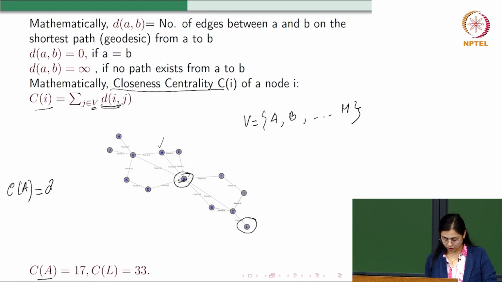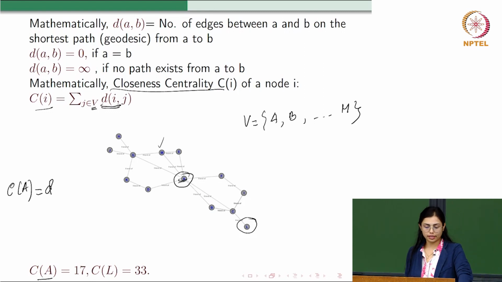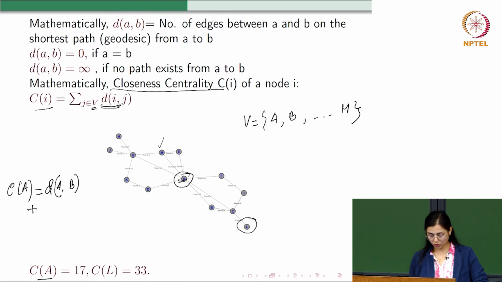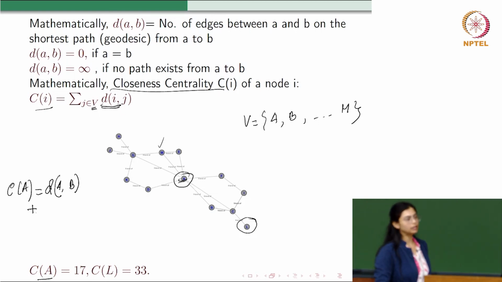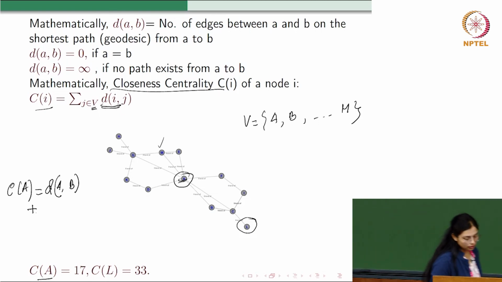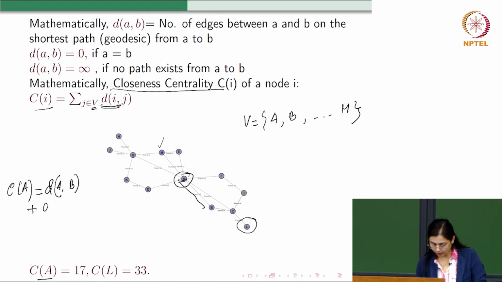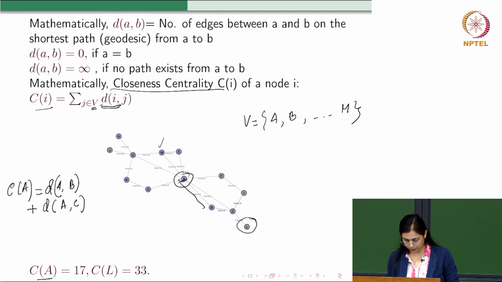Now, this is the distance. So how do we find the closeness centrality here? You have to consider the shortest path between A and B, correct? What is the shortest path between A and B? It's 1, right? Then the shortest path between A and C. What is the shortest path between A and C?